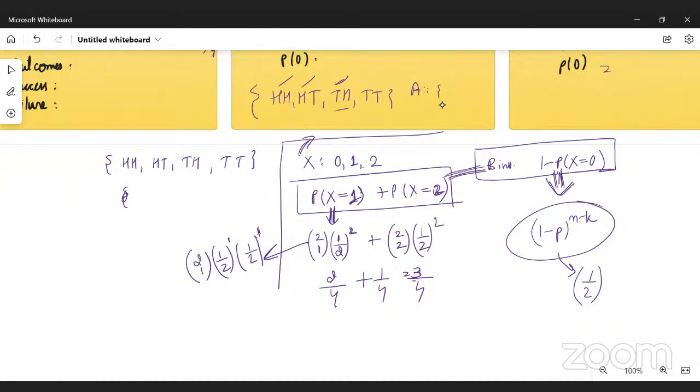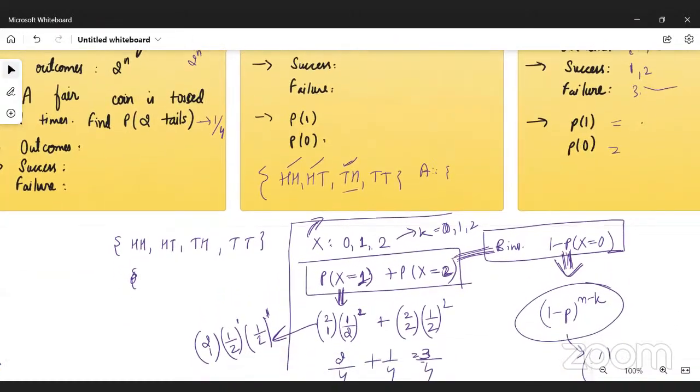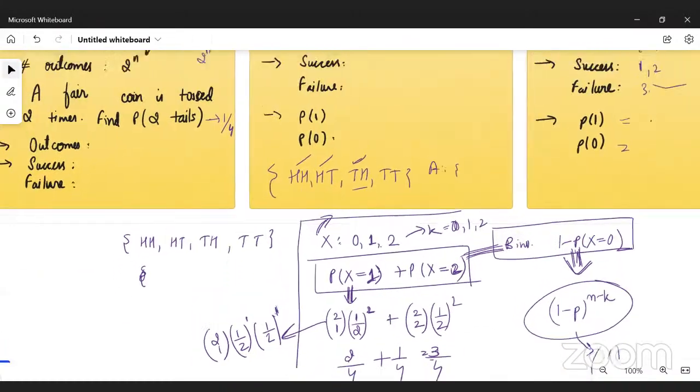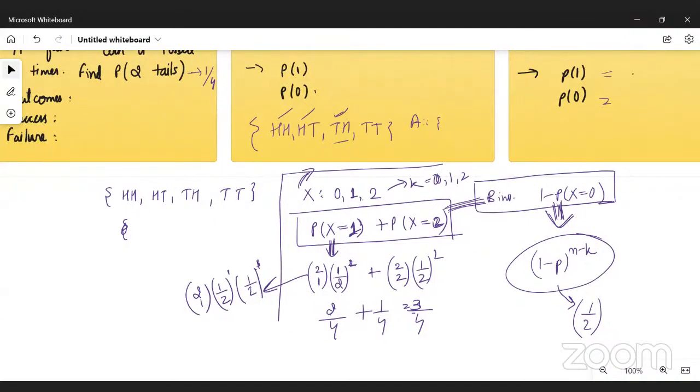K here will be 2. So k is varying from 0, 1, 2. Either you can have 0 successes or 1 success or 2 successes. How is a success defined? Success is defined as getting a head.